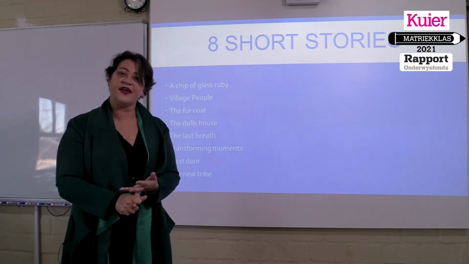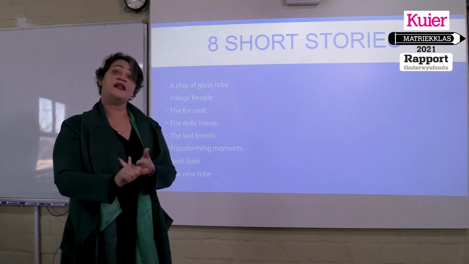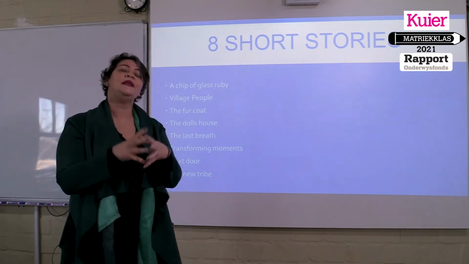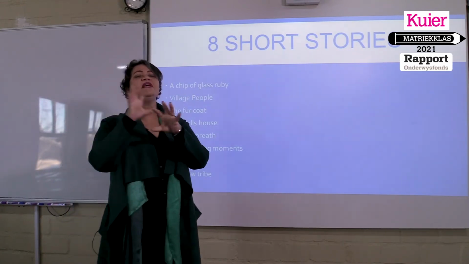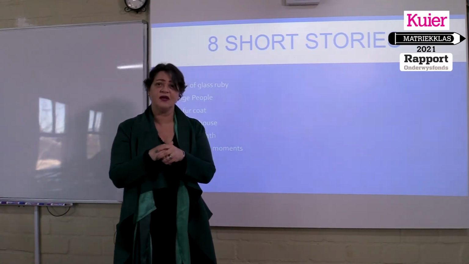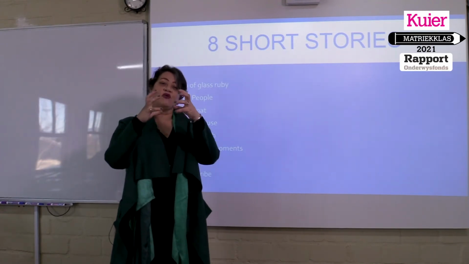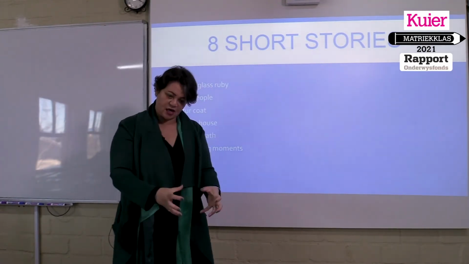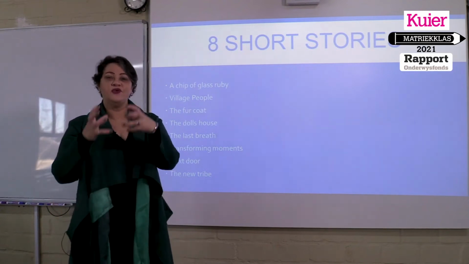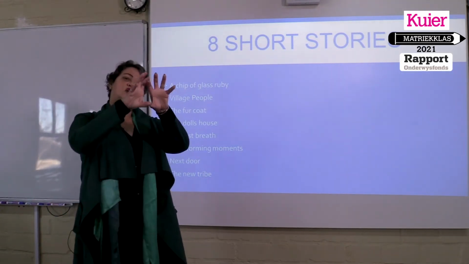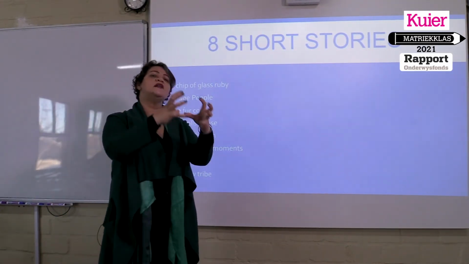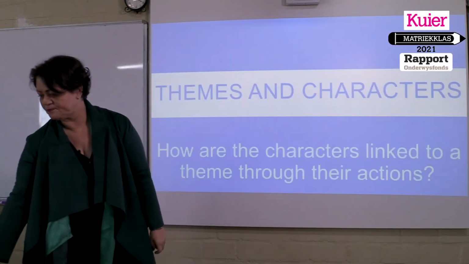They have 8 different characters, sets of characters. They have 8 different sets of themes. So please be sure to not mix and match because you can't do that. Okay? You cannot answer the question on Fur Coat based on The New Tribe. You have to be sure to consolidate the themes per story. Okay? You can't mix and match.